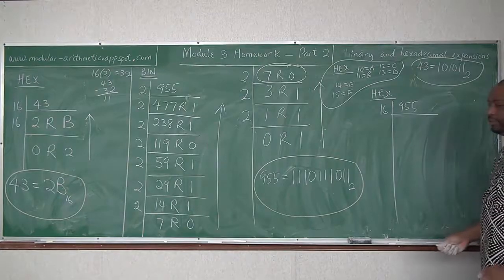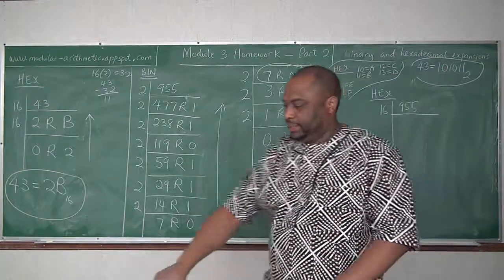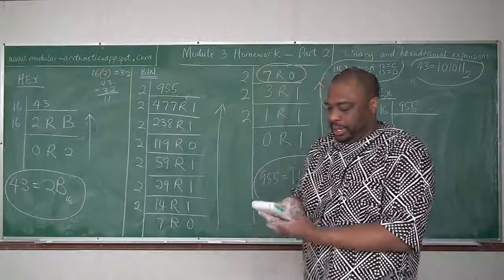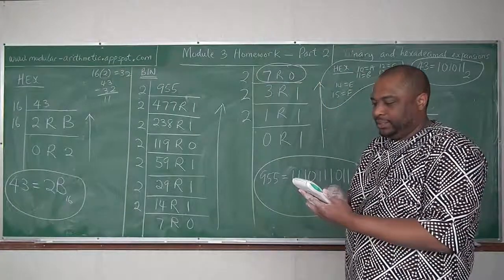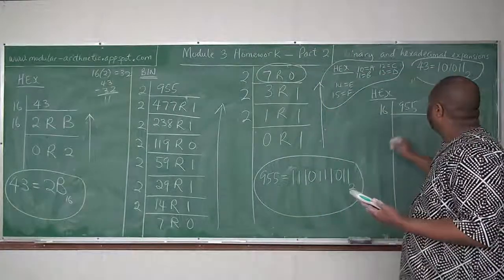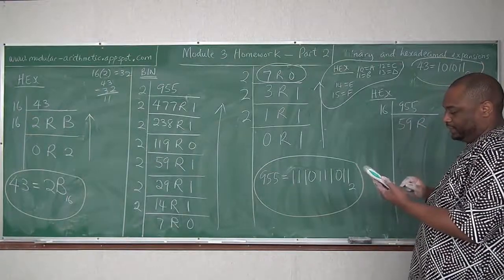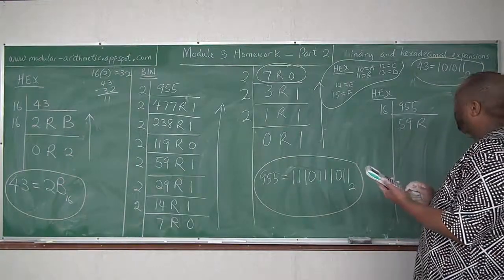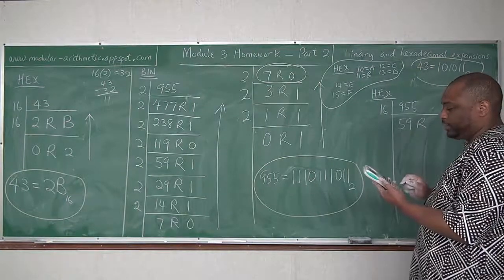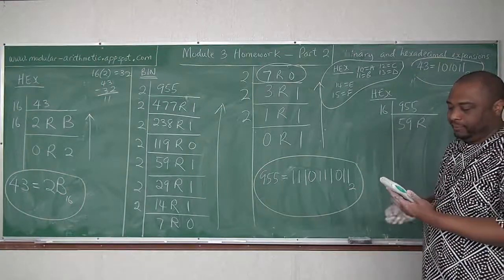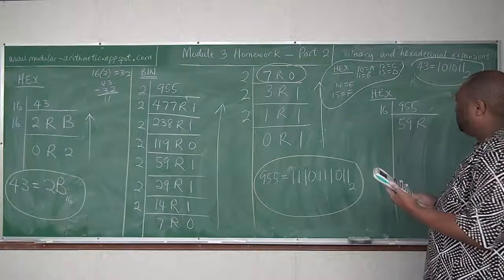Alright, so 955 divided by 16 is 59. Remember, 59 times 16 is 944. Subtract that from 955, and that is 11.